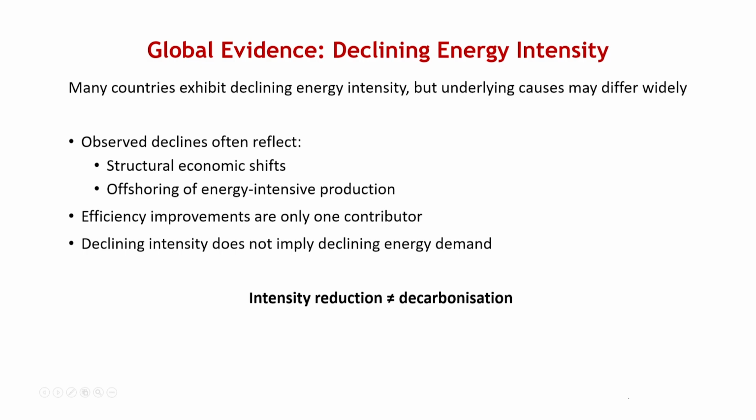But overall, many countries are exhibiting declining energy intensity. As I have shown, energy intensity as a parameter is declining across the globe, but underlying causes may differ very widely, because it will depend upon the sectors that the countries deal in. It depends upon the kind of GDP growth that a country is seeing.